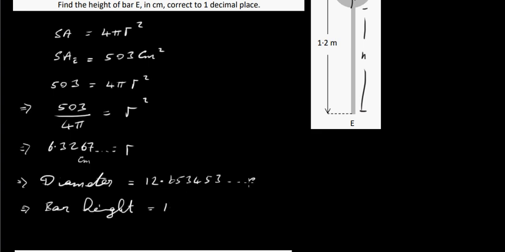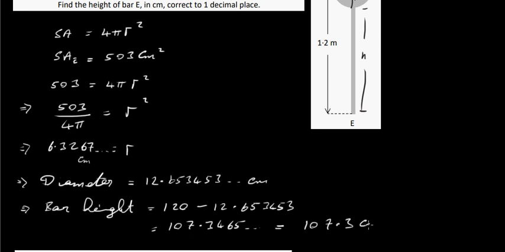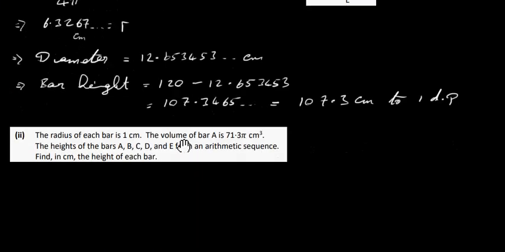Now remember, this is in centimeters here, so I'm going to change 1.2 meters to 120 centimeters minus 12.653453, and that will give me 107.3465, and so on, which is equal to, to 1 decimal place, 107.3 centimeters. This is to 1 decimal place, which is what we were asked for here. Okay, so that's part 1.